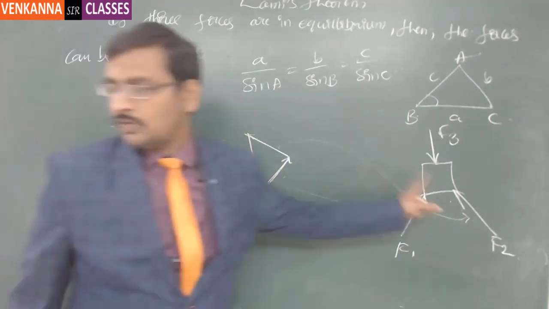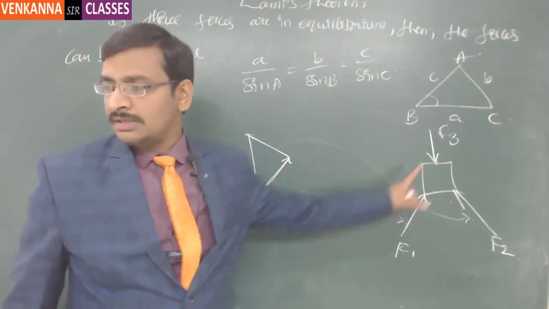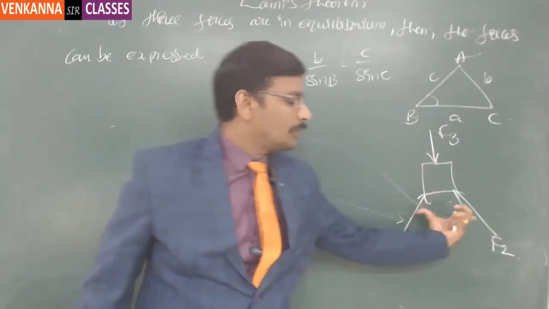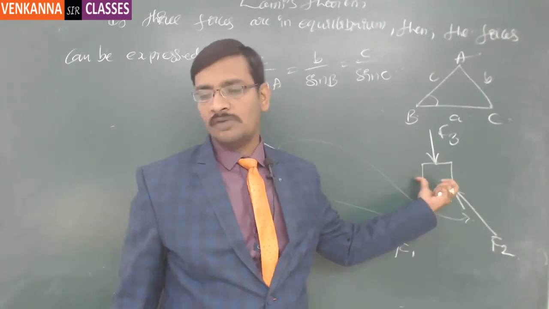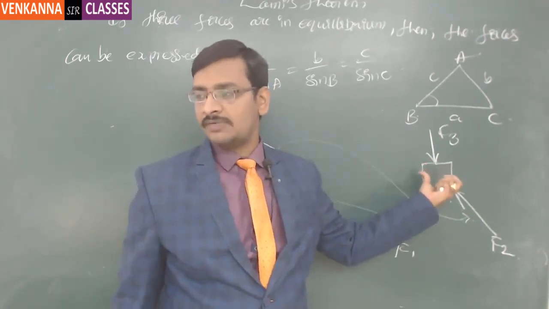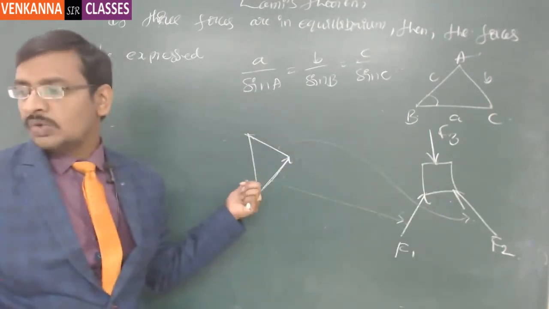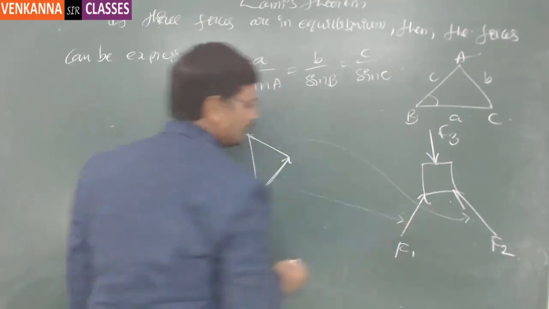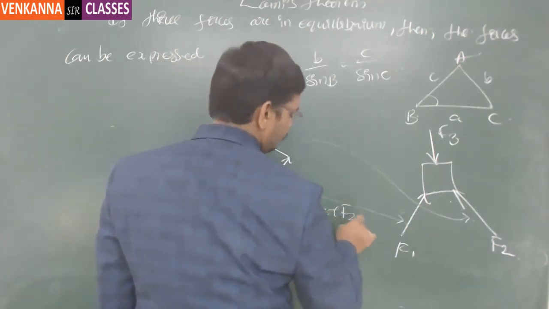So all three forces forming a closed triangle means that whatever force is applied at the top of this is supported by these two forces. This is under equilibrium condition, hence there is no movement for this particular body. In such situations, all three forces together will form the closed triangle, because as the stability condition says, F1 plus F2 plus F3 is equal to 0.